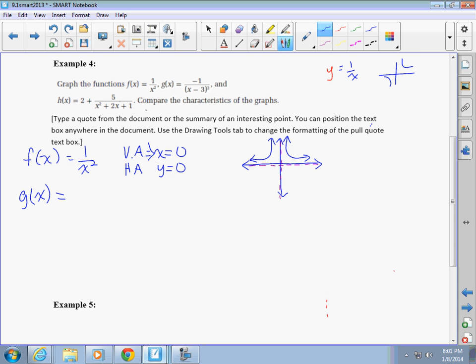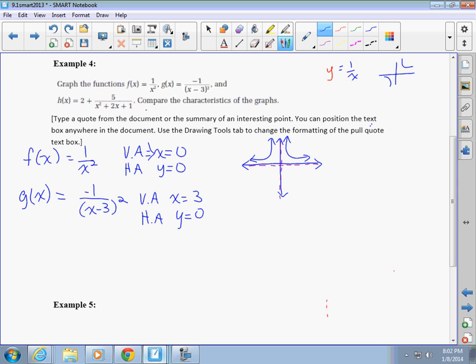So g of x is equal to negative 1 over x minus 3 squared. My vertical asymptote, my h value is 3. If I take x minus 3, put it equal to 0, I have x is equal to 3. My horizontal asymptote, what's my k value? It's 0.